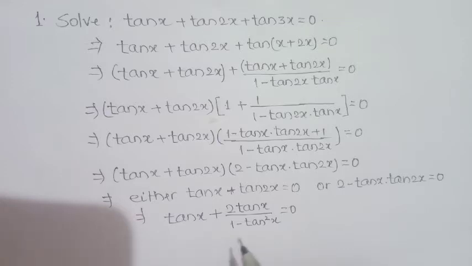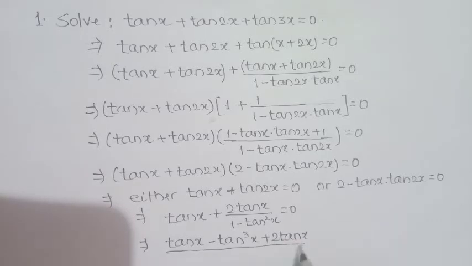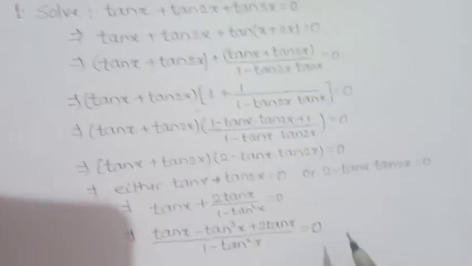After taking LCM, it should be tan x, take out LCM, minus tan cube x plus 2 tan x upon 1 minus tan square x, which is the LCM, equals 0.